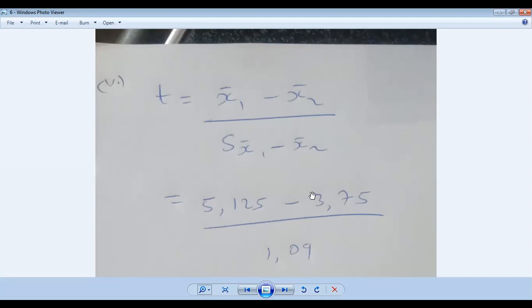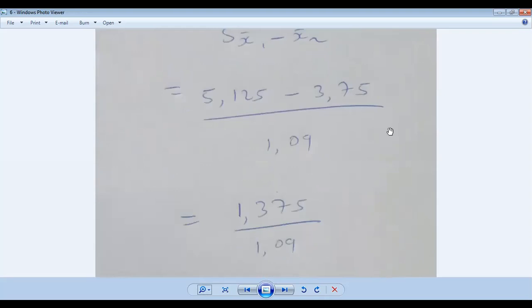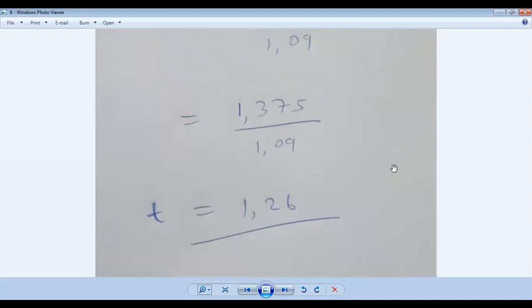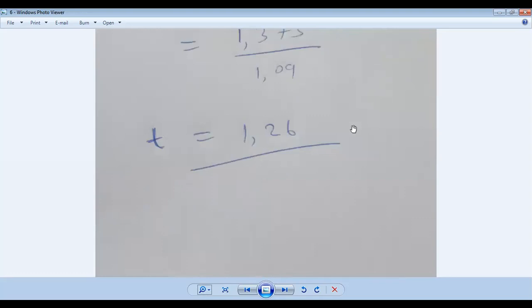And that gives us 5.125 from the mean that we calculated earlier on, if you still remember, minus 3.75 over 1.09, which is our estimated standard error, which gives us 1.375 over 1.09. Our T obtained there is 1.26.